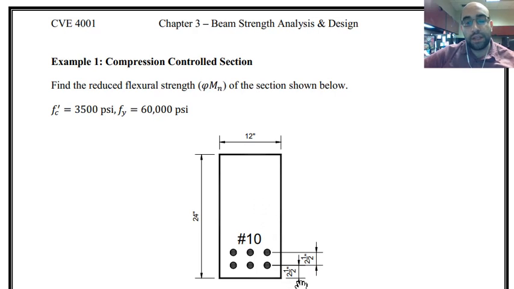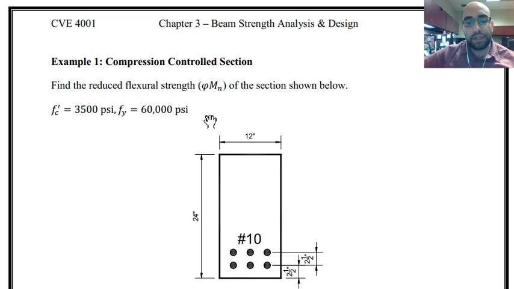And as you can see, the spacings are given: 2.5 inch from centroid of the first layer to the very bottom of the section, and then 2.5 inch the distance from second layer to first layer. The question is asking about finding flexural strength, reduced flexural strength, or phi Mn for this section.